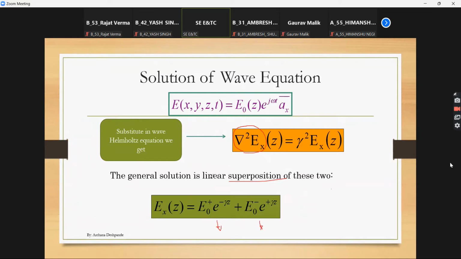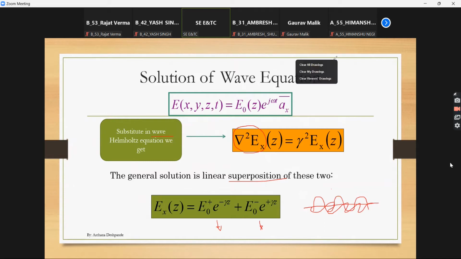Okay, so this wave, the Helmholtz wave equation, is a combination of two waves. So whenever you say that the EM wave is propagating, it is basically a superposition of two waves.